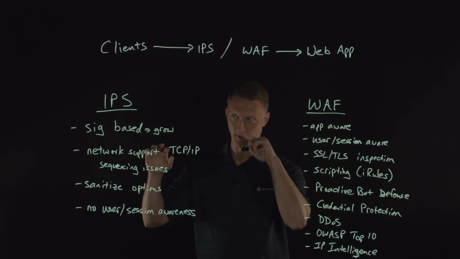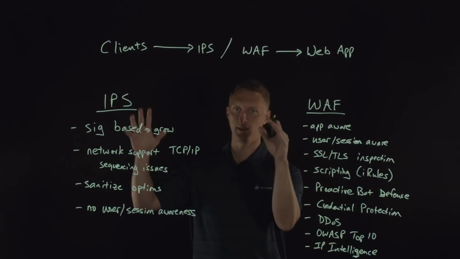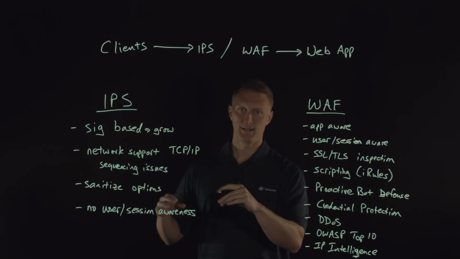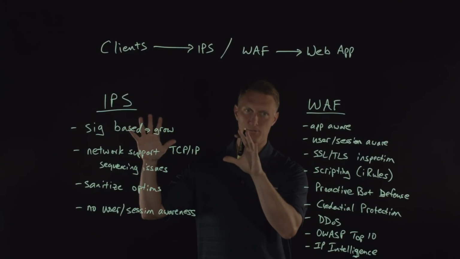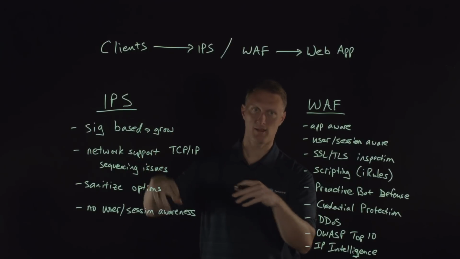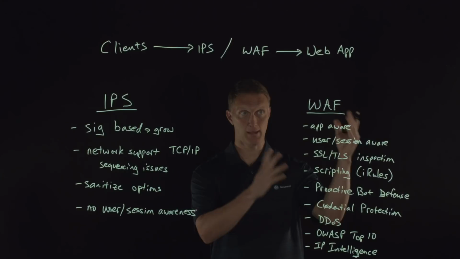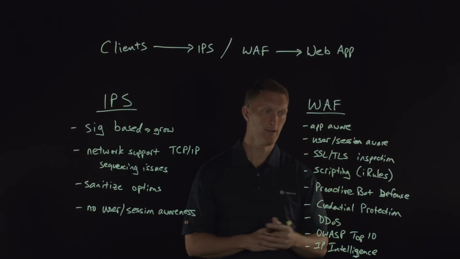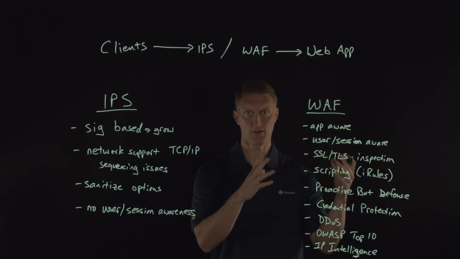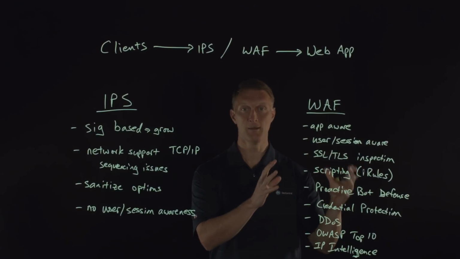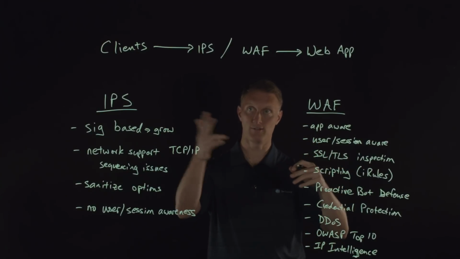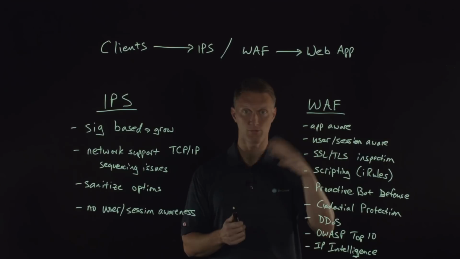It's going to look at overall TCP/IP. From a broad lens perspective, it's still going to block bad stuff, but the WAF is really going to focus on being application aware, user aware, and have frankly a lot of intelligence that it can inject into the decisions it makes about the traffic that it allows or blocks.